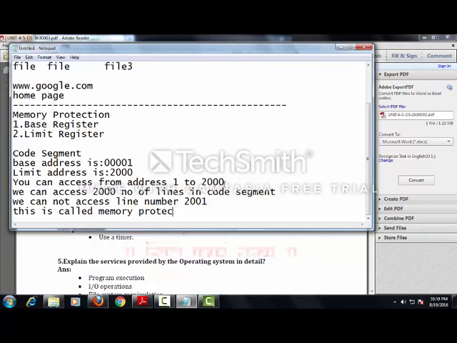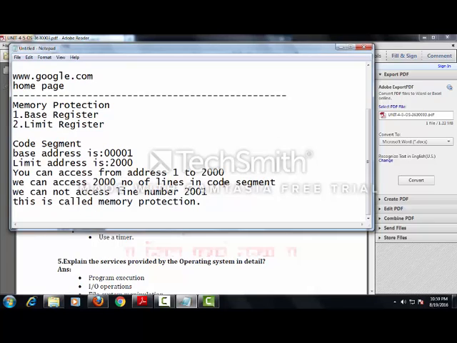This is called memory protection, and it is performed by the operating system. I hope you are getting my point. The base address is 1, the limit address is 2000. You can access from address 1 to 2000, that means we can access 2000 lines. Starting from 1 to 2000, there is a lower limit and an upper limit.